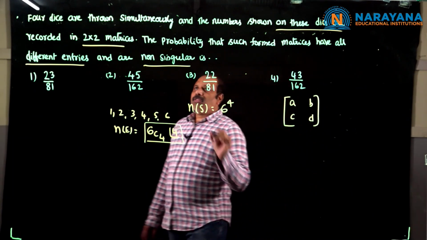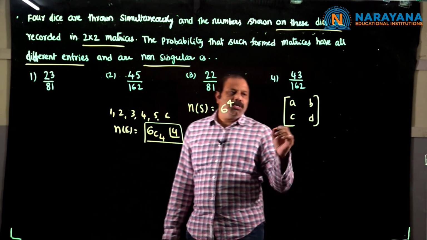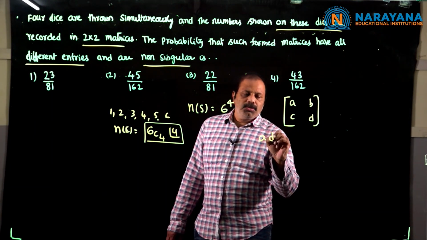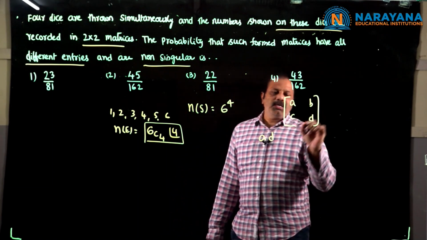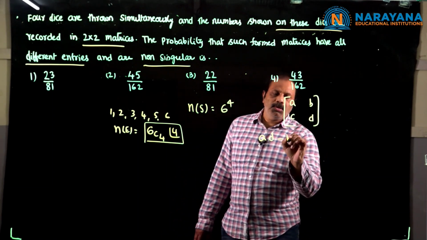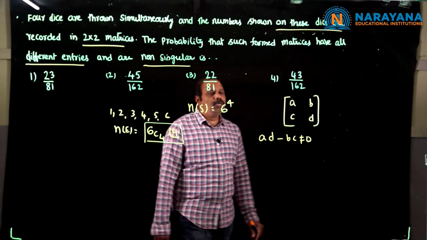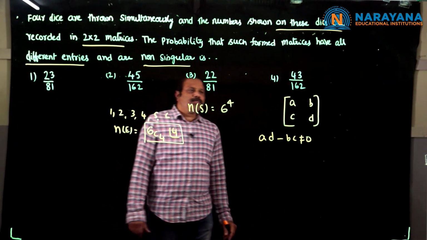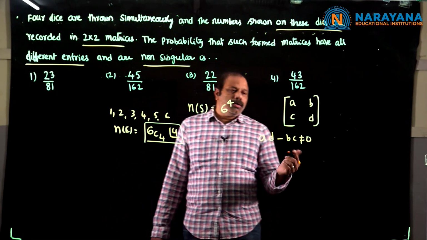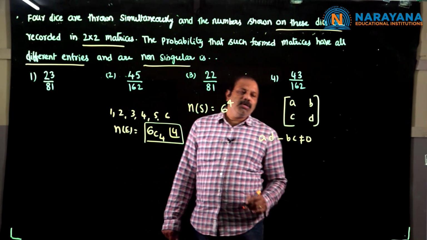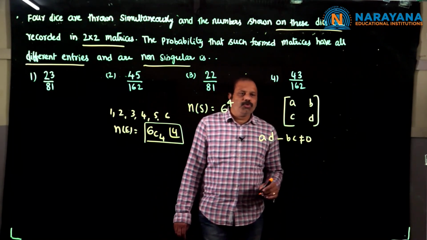Now, given that they must be non-singular, the determinant of this matrix should not be equal to 0. That means AD minus BC is not equal to 0. Let us see how many possibilities give AD minus BC equal to 0.